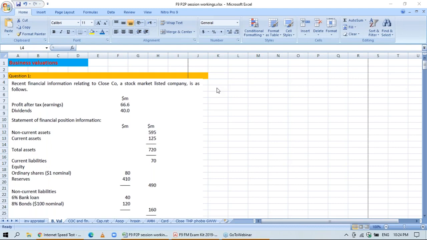Okay, students, let me spell out first the main methods that are used to calculate business values, right? Let me explain the background of this topic first. What do we mean by a business value?